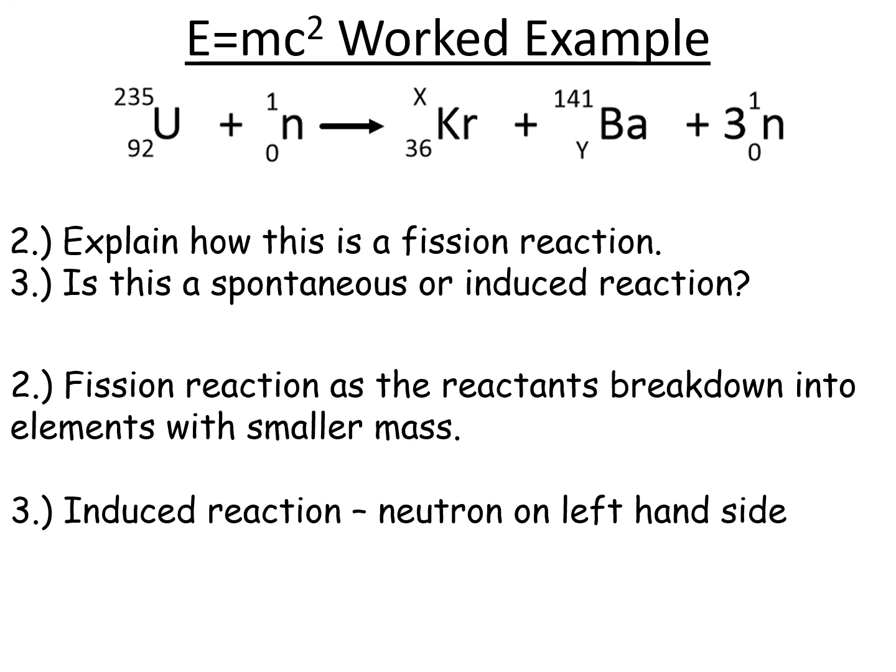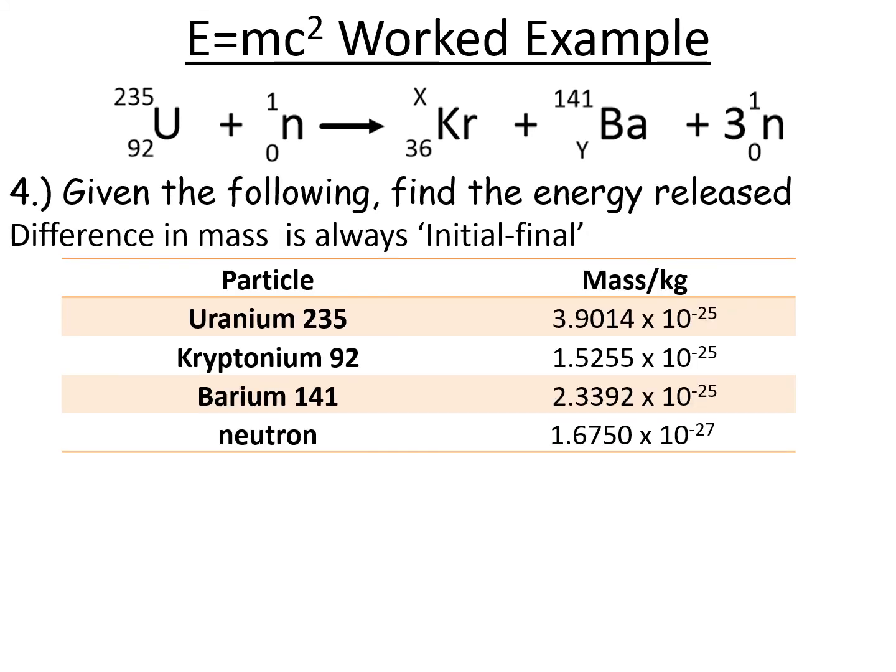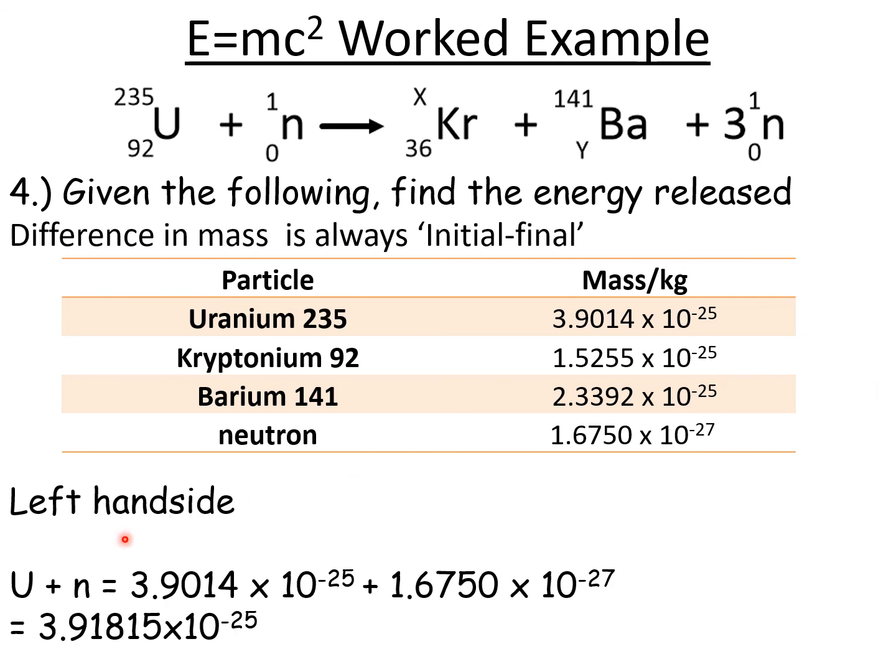Now, the final bit is the bit that's got the calculation. So, given the following, find the energy release. So what we do, first of all, is the left-hand side, and we have 1 uranium and 1 neutron, so it's simply these two added together. Now, a wee point, these calculations are fairly simple in that you're just adding things and using Einstein's equation.